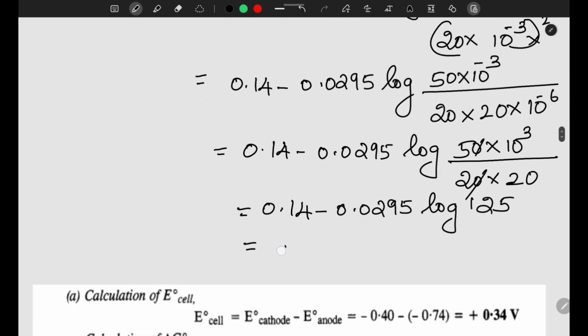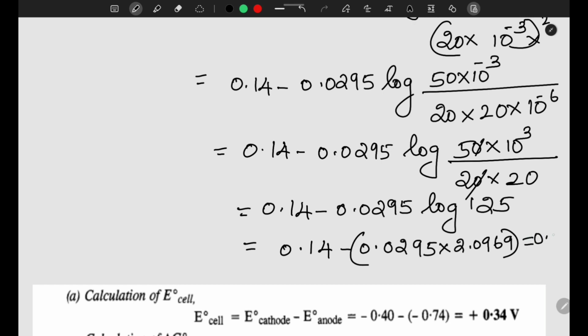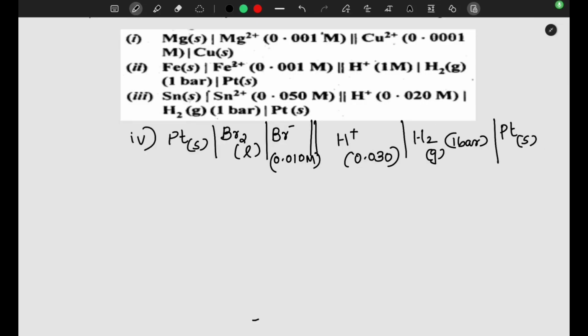Then that is equal to 0.14 minus 0.0295 into log 125 will be 2.0969. So when we simplify, we will get 0.078. 0.078 volt.